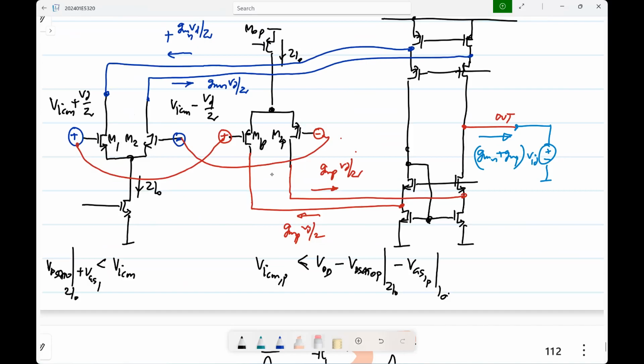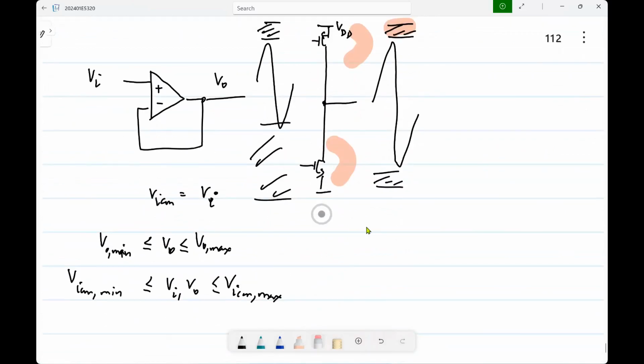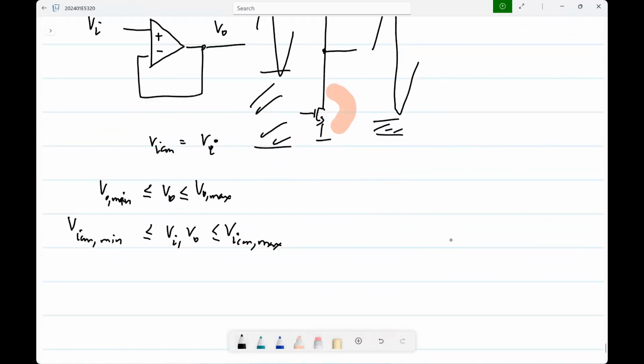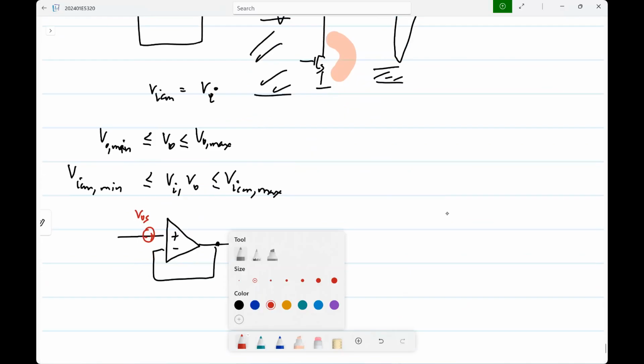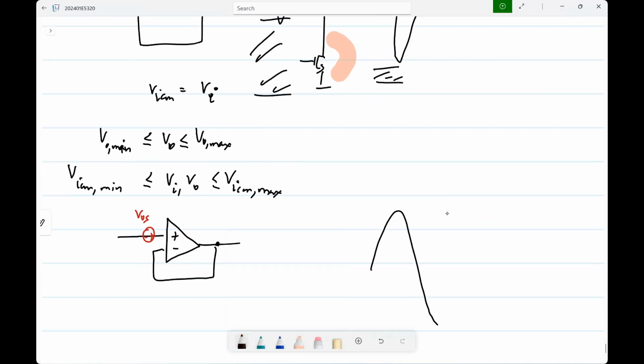Okay. So that is why this circuit is not suitable for very low distortion or high precision applications, because let's forget about this GM variation and so on. So let's say there is an input referred offset VOS. What happens now? If the input is like that, the output will be shifted by VOS.